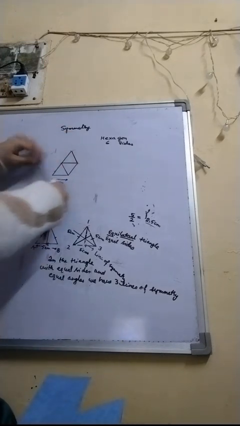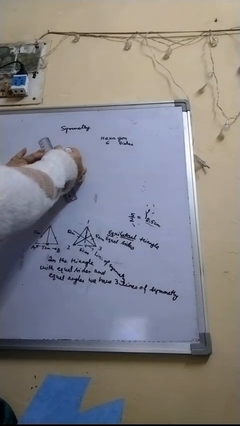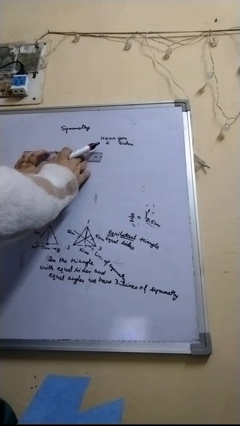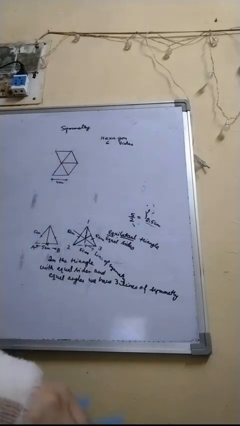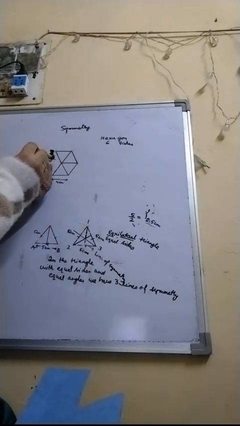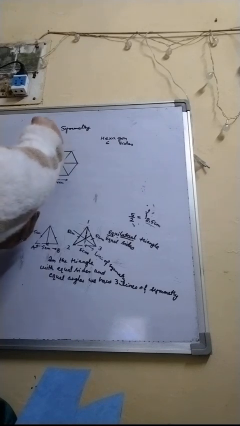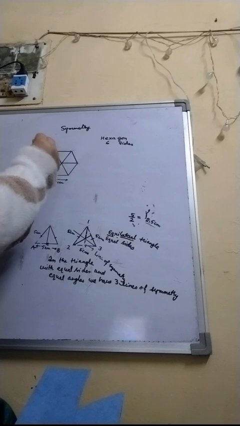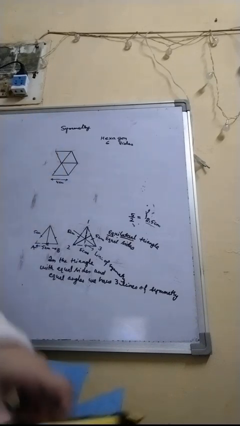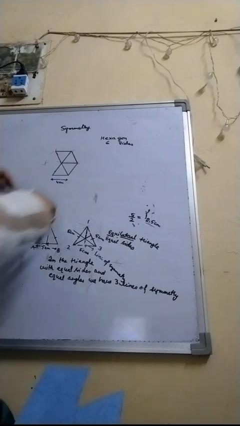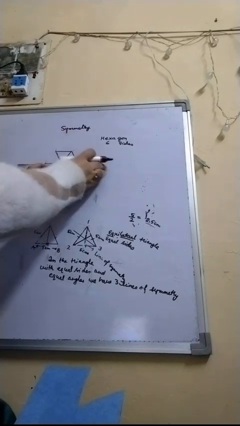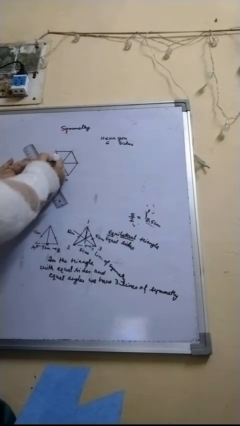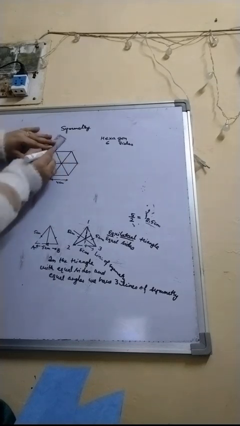So one arc from center and one arc from side corners. So you would get the hexagon like this. So this is my hexagon with equal sides.